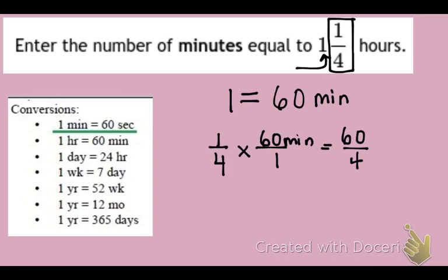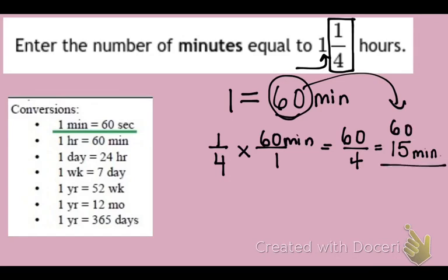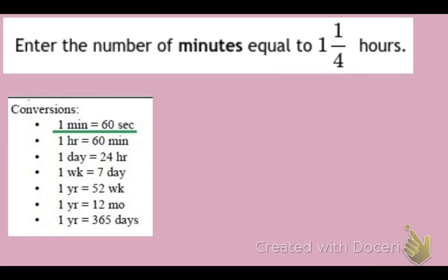What is 60 divided by 4? That is equal to 15. 15 what? 15 minutes. Is that my answer? No, you guys know that. We need to add that to our 60 that we already have. So 60 plus 15, that's a grand total of 75 minutes. That is our final answer. Hopefully you got that one.